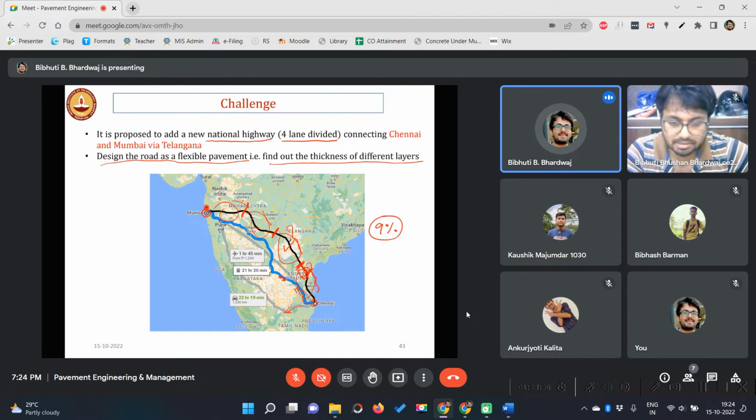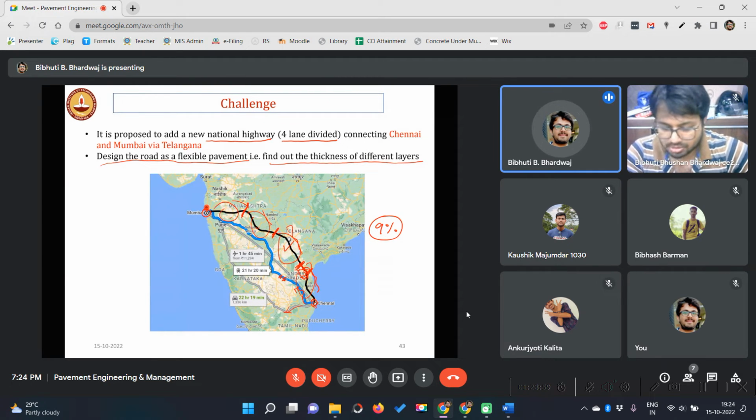Some trucks which are carrying goods from Chennai to Mumbai or Mumbai to Chennai will definitely say yes, we will use it, because we don't stop midway. We will go for that road if it costs us less fuel. So that kind of survey is there.